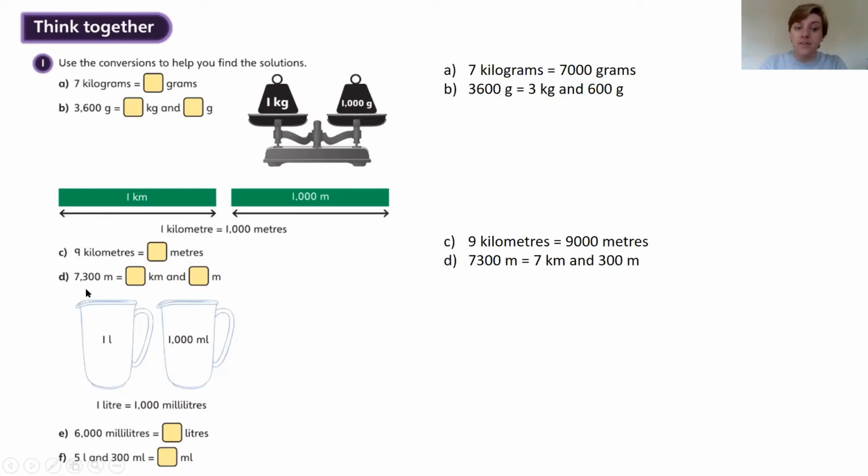And 7,300 metres will be 7 kilometres, because I can take those 7,000 metres out, and 300 metres. And 6,000 millilitres will be 6 litres, and 5 litres and 300 millilitres will be 5,300 millilitres.